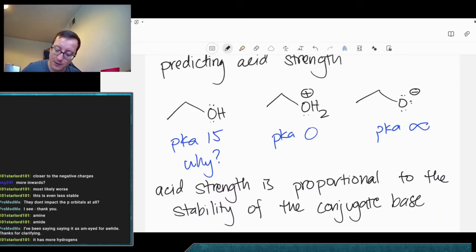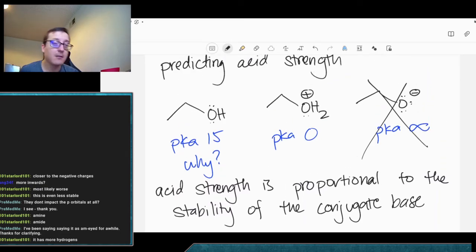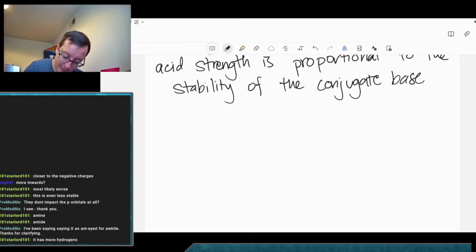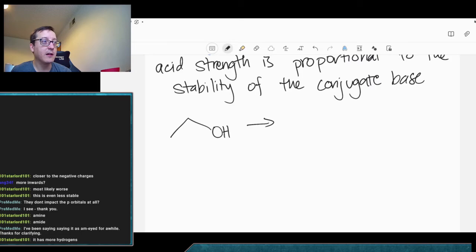So ignoring this last one here, let's look at these two. So we have our alcohol, plain old alcohol. If we put a base in, we are left with this, right?